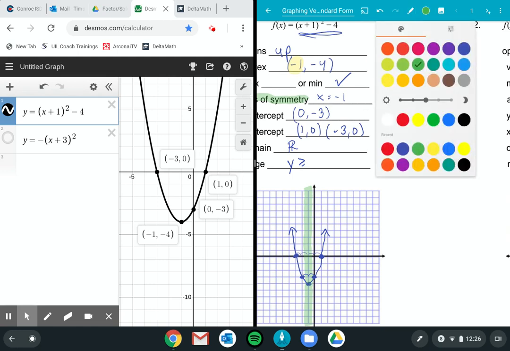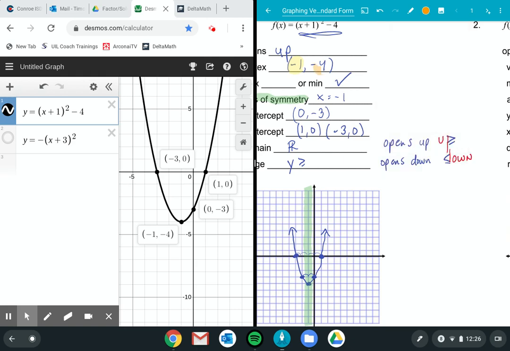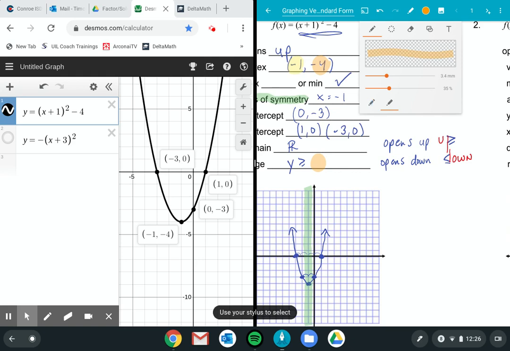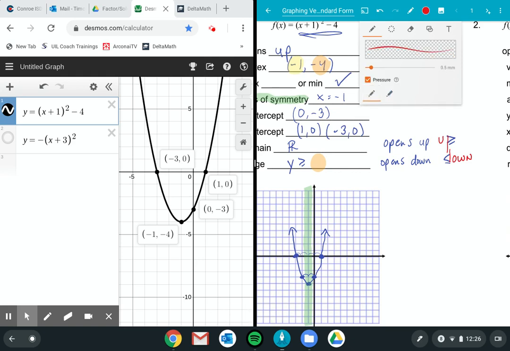What we discussed last time was that the Y value of my vertex is what goes in my range, which is a nice little thing to remember because this point here is the lowest point of my graph. So that Y value is what I'm going to use, which is -4. And then I'm done.